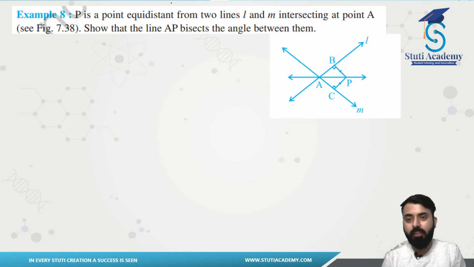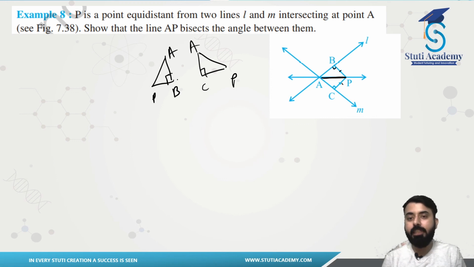Now guys, see in the figure it has been given to you that BP and PC are perpendicular to lines AL and AM. Now guys, see if this is 90, this is equal, then this side should be common. So if you look at this, we have two triangles right here, APB where this is 90, and we have another triangle APC where this is 90.